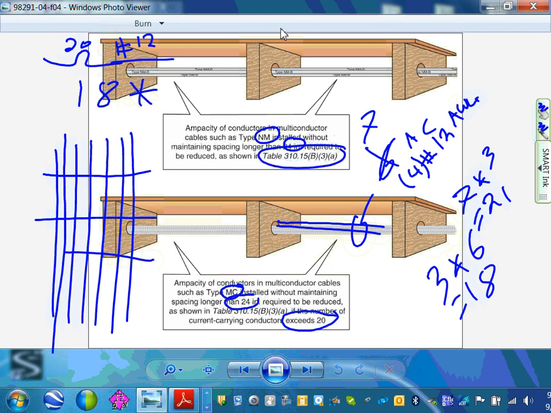In commercial, you can put 6 receptacles in each circuit. So multiply this by 6, and you can see how many receptacles you can feed on these circuits. How many? 108 receptacles.